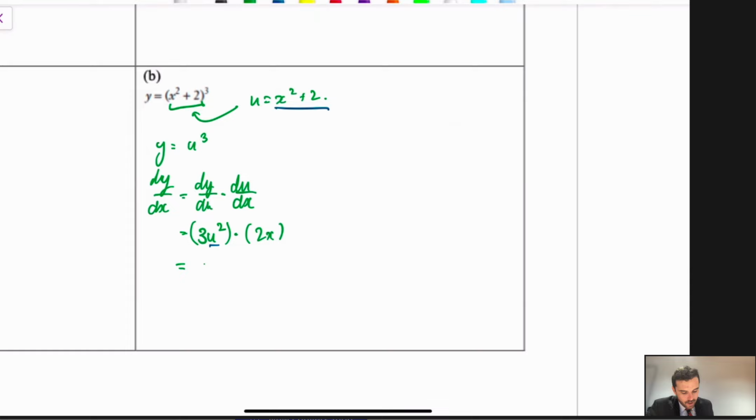So it's now going to become 6, and then you've got x, so that's that bit there, and times those numbers together, times by u squared, (x squared plus 2) all squared. And then we can get rid of that times sign. There we go, that's our answer, 6x times by (x squared plus 2) all squared.